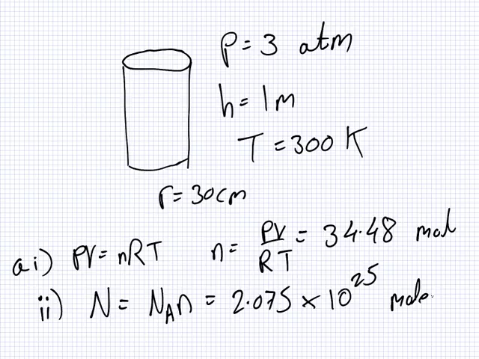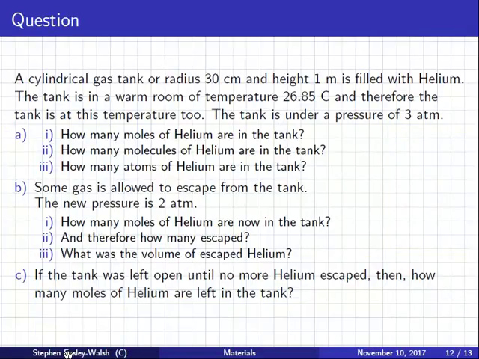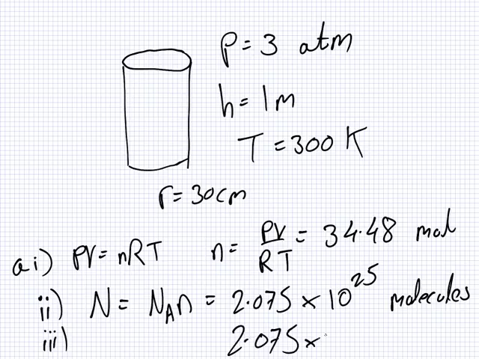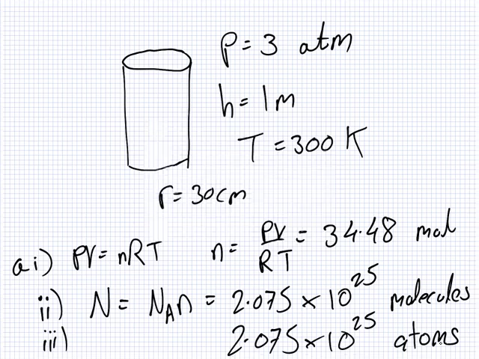Molecules. Part 3. How many atoms? Is helium diatomic or not? Just one atom. So it's the same. Yeah. So that's the A part, so that's straightforward.